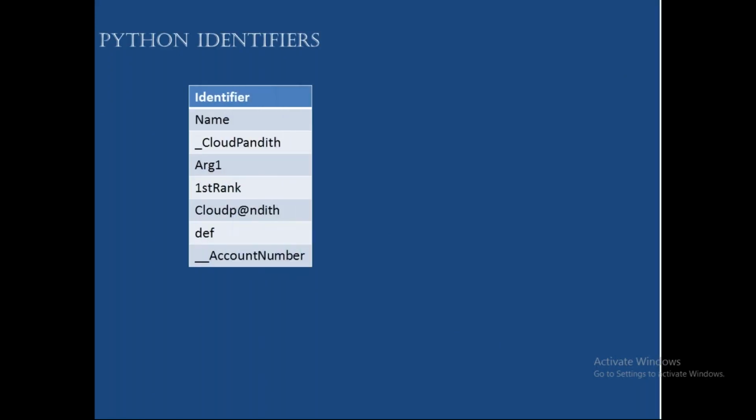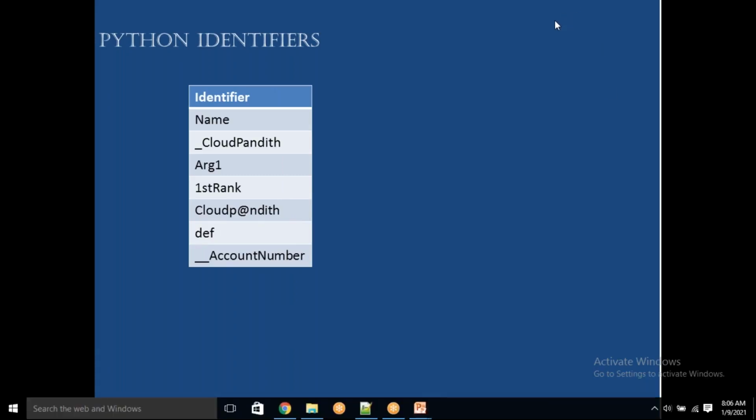Next, Python identifiers. Can you tell me which one is valid and which one is not valid? I will not go anywhere until you answer. So please try to answer. Which are valid, which are not? def and account number.